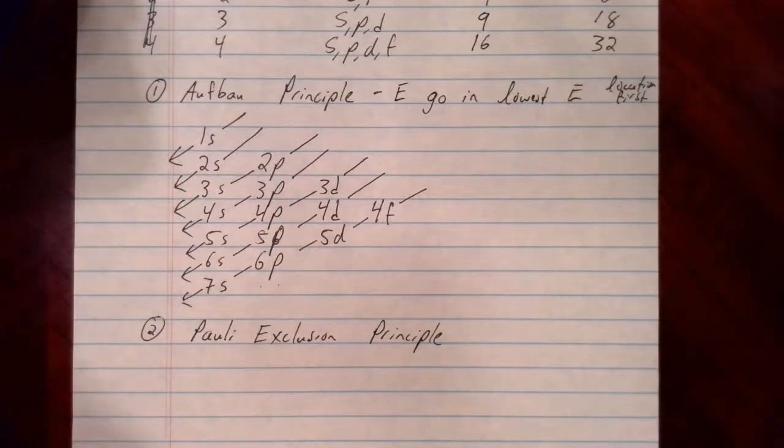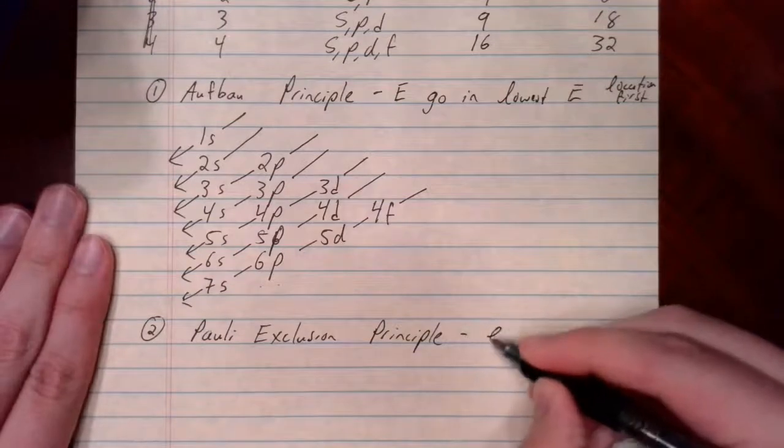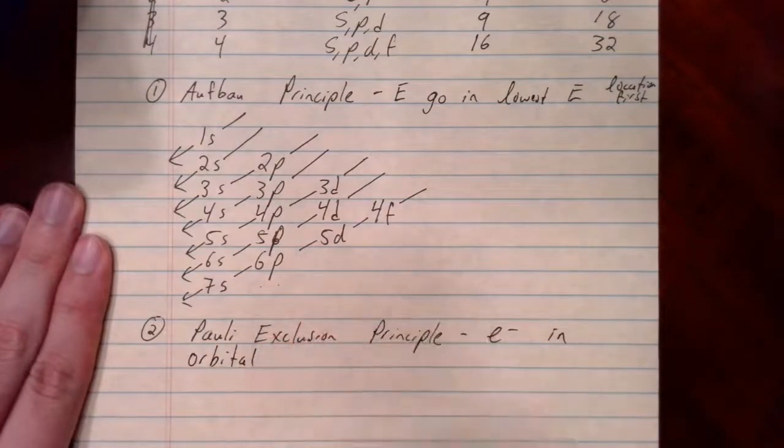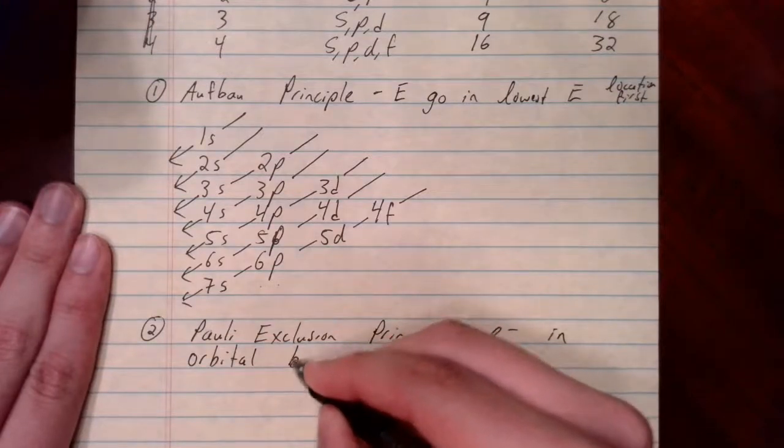So the second rule that we're going to look at is called the Pauli exclusion principle. The Pauli exclusion principle simply says that electrons in an orbital must have opposite spins. So how many electrons can be in an orbital? Yeah, that's right. Hopefully you said only 2. No matter what orbital it is, they only hold 2.